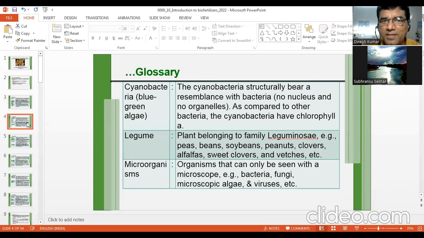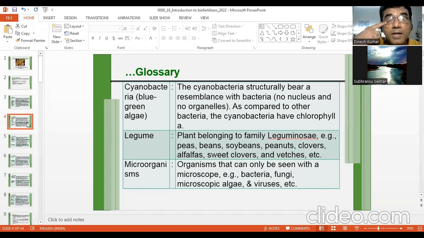Cyanobacteria or blue-green algae. So actually cyanobacteria is a kind of blue-green algae, but all blue-green algae are not cyanobacteria. Okay, it should be clear to you. And this particular cyanobacteria, which we are referring to in symbiosis with the fern azolla, has only chlorophyll A, and it is really not able to do much photosynthesis.